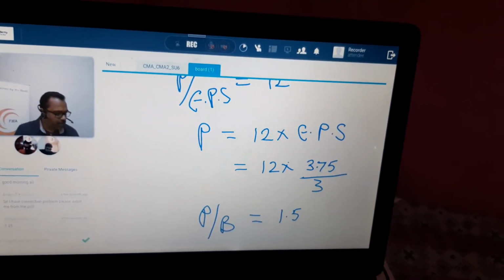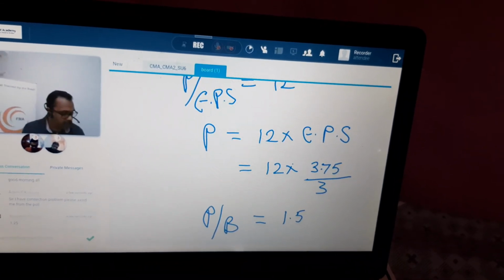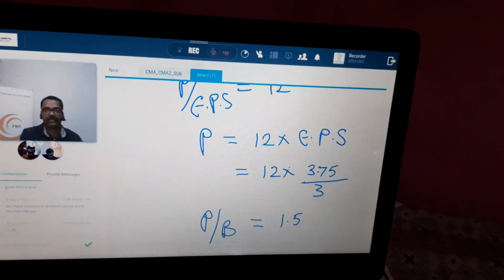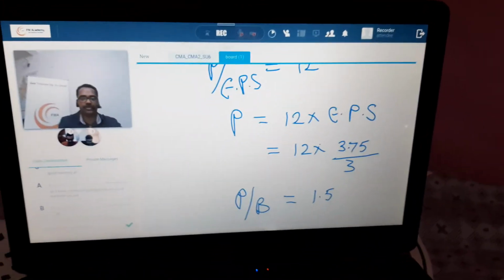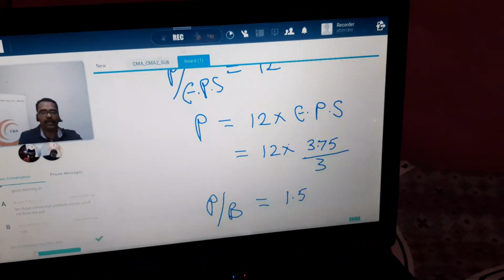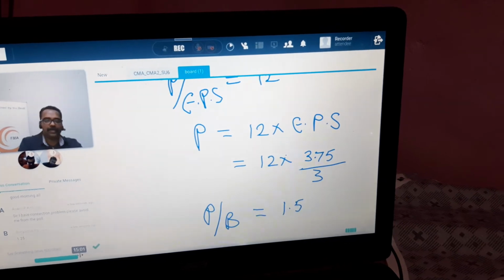So common equity, you have par value. Additionally, you have the share premium account. You have the retained earnings. So everything you have, let me just put the poll. Question number 2.